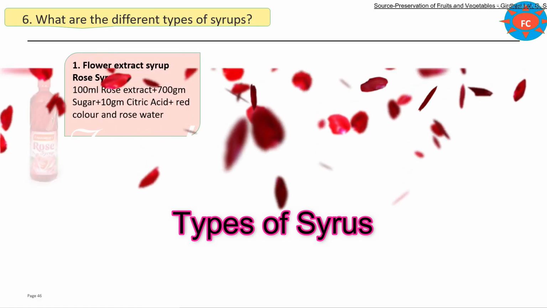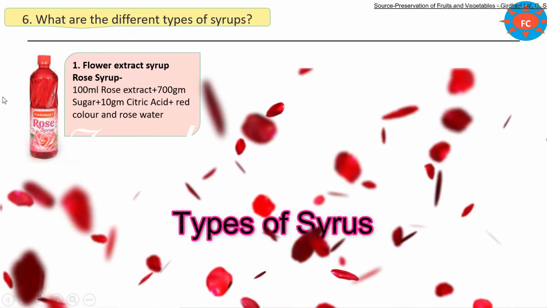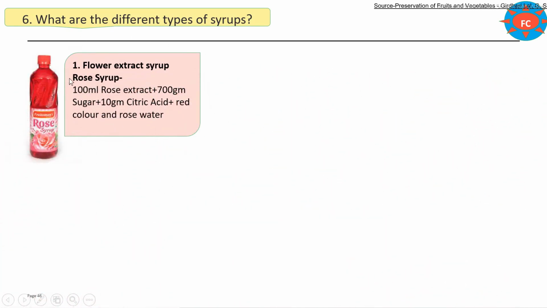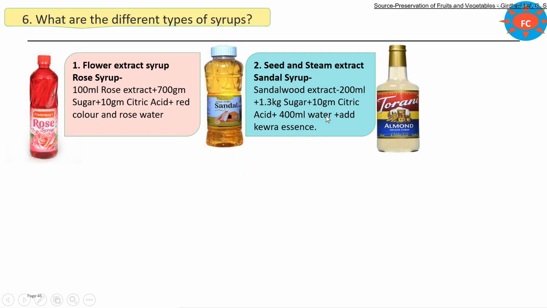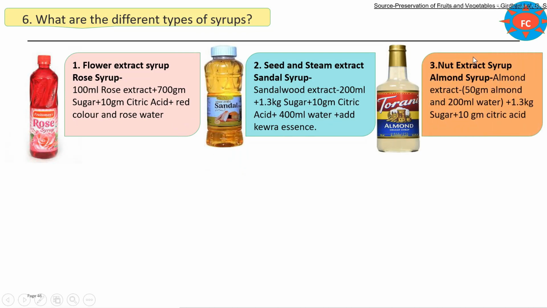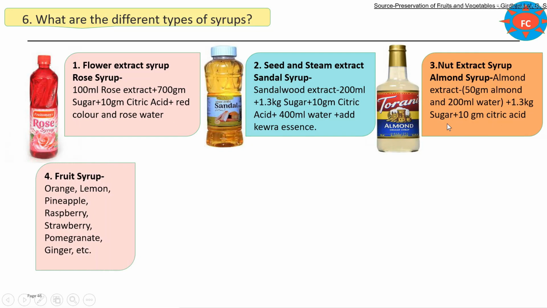First one is the flower extracted syrup, in which flower extract is used. Then the second type is the extraction of the seed and the stem. Then the third type is the extraction of the nut. Then the fourth one is the fruit syrup, in which the juice and the pulp are used.